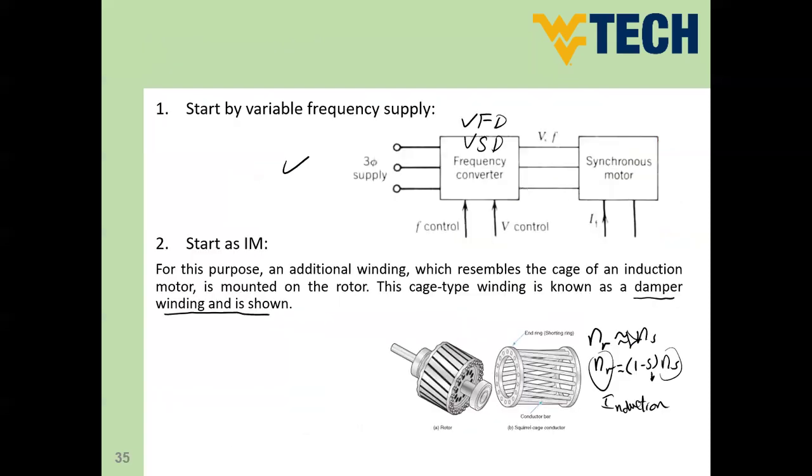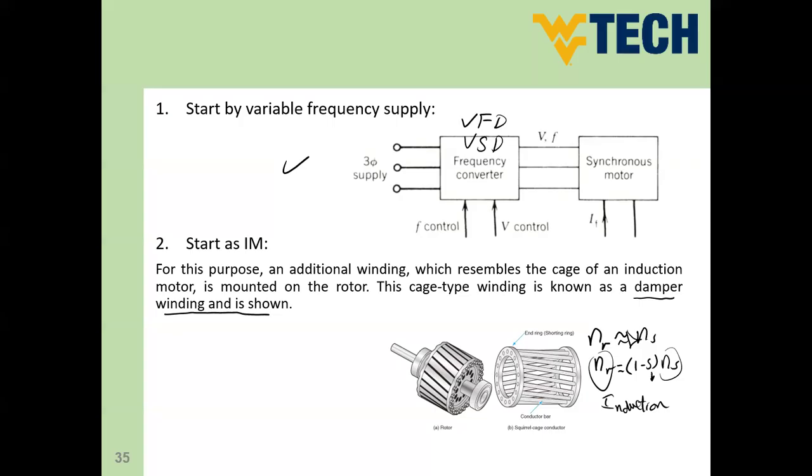So the concept again for starting as an induction motor is, firstly, we have the cage or the damper winding. The damper winding is going to start the motor as an induction motor, and once the motor starts rotating, connect the field winding of the synchronous motor. So the speed is going to increase from NR to NS, and the machine will rotate with the same synchronous speed.